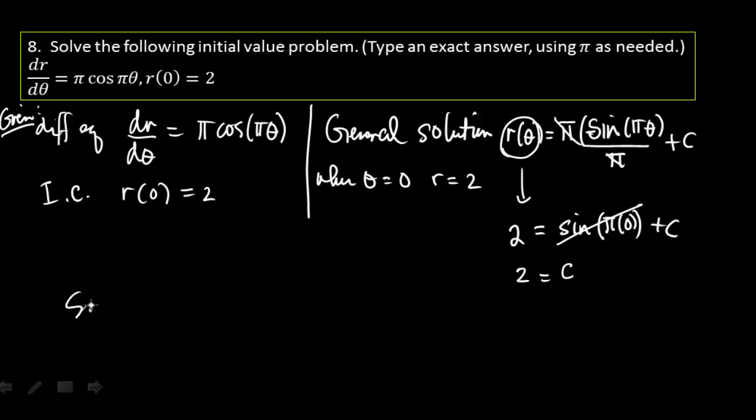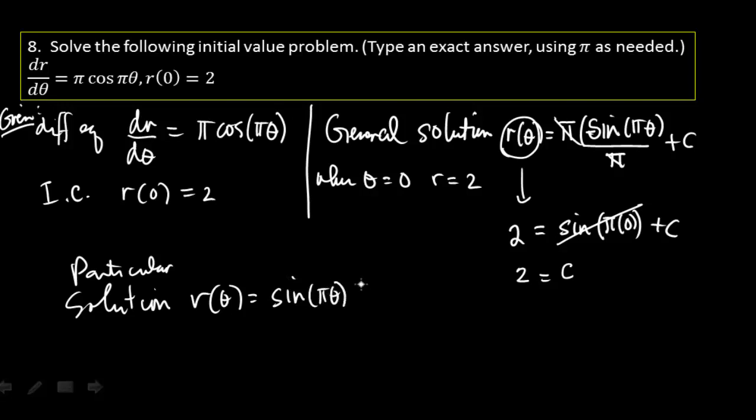Therefore, the particular solution that satisfies the initial condition is r of theta equal to sine of pi theta plus 2. And that can easily be checked, because this particular solution satisfies this differential equation with this initial value problem.